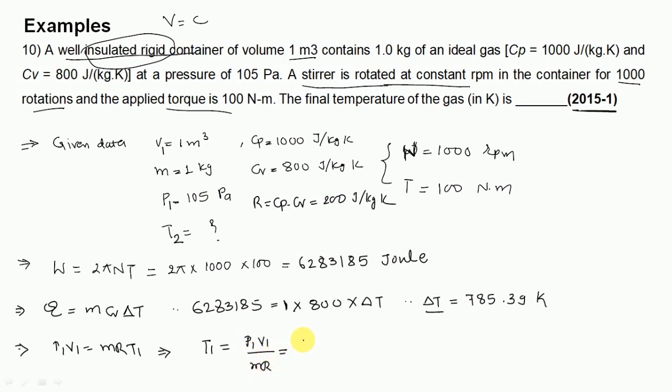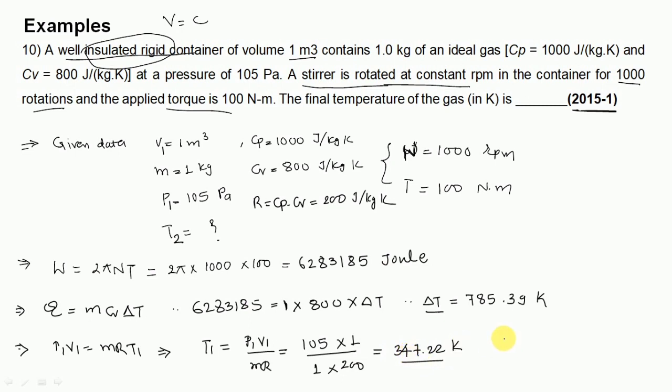P1 is equal to 10^5, V1 is equal to 1 meter cube, m is equal to 1 kg, R is 200. If we divide this, we get the value of T1, and T1 is equal to 347.22 Kelvin.